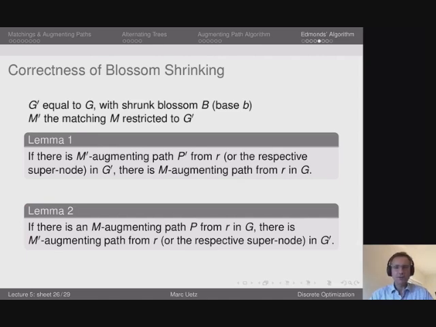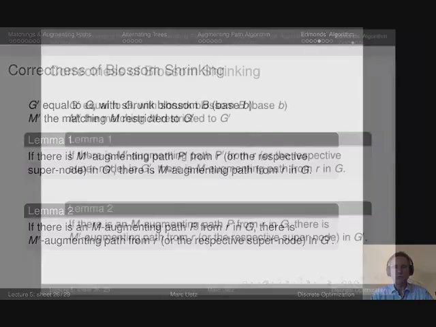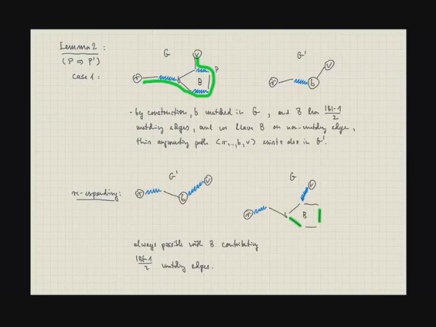So let's have a look at the proof that will again be a proof by picture. Okay, so that's what we want to show: if we have an augmenting path in the original graph, which is called P, then there is also an augmenting path P prime in the graph where the blossom has been shrunk. And let's pick the example that we had earlier, our standard blossom of length 5, and the augmenting path is sitting here.